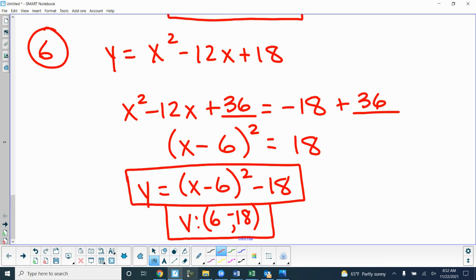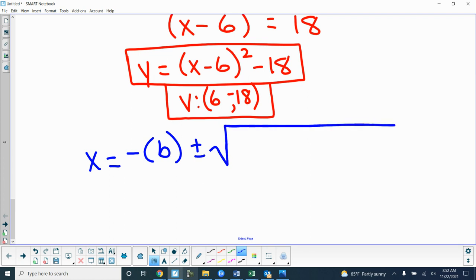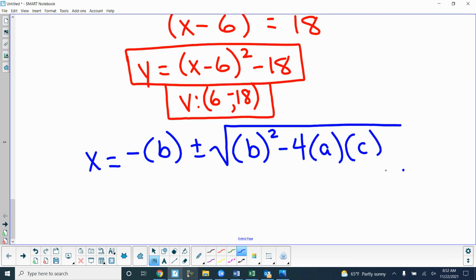7 and 8, we're using the quadratic formula. Okay? You're supposed to know this. Negative b plus or minus the square root of b squared minus 4 times a times c, over 2 times a.